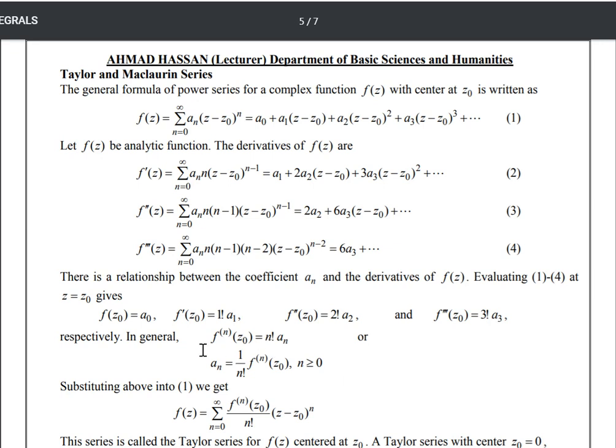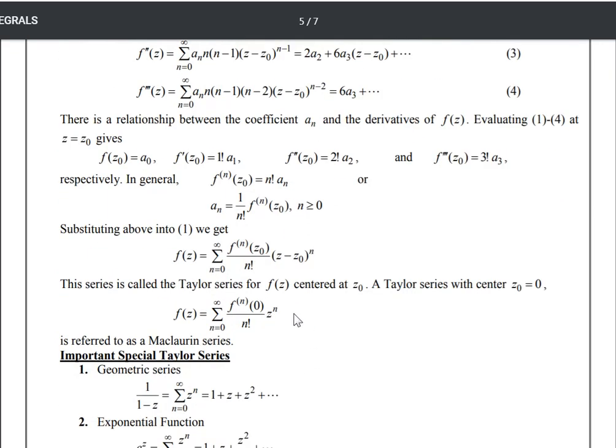In general, the nth derivative at z₀ gives n! a_n. In other words, a_n is written as 1 over n! times the nth derivative at z₀, for n greater than or equal to 0.